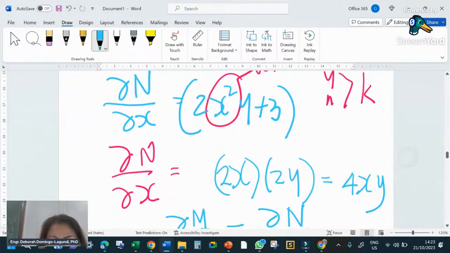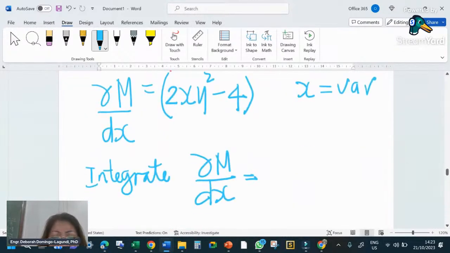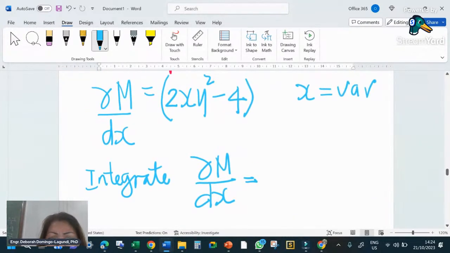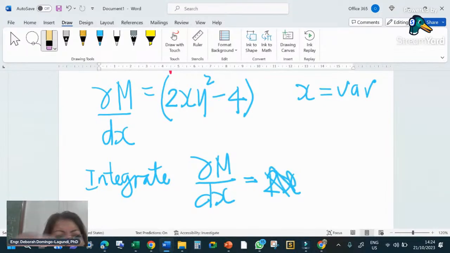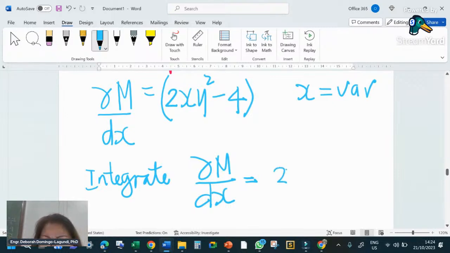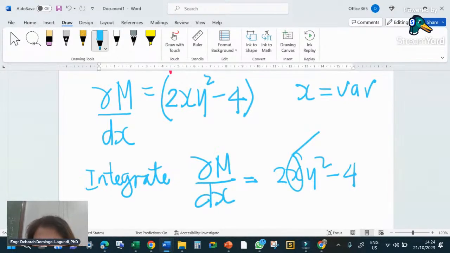That would be this one. Hang on. Hang on. I'll write that down. 2xy squared minus 4. So x is our variable here.